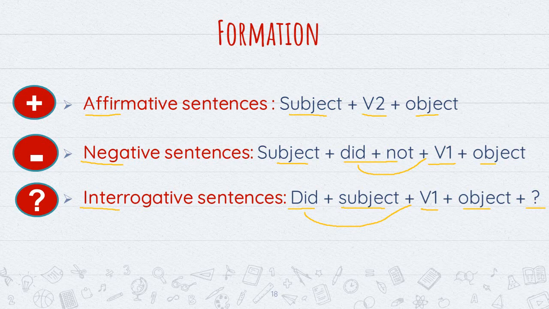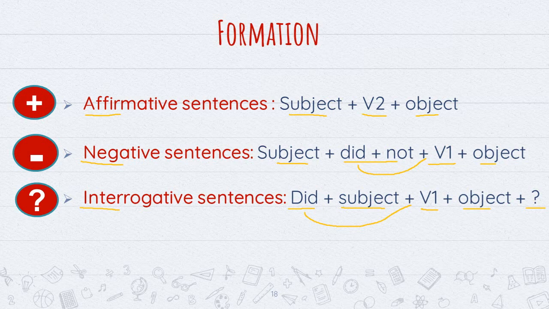In past tense, where we use verb second form, we use did. So here we use did not, and we have already used the second form, that is did, of do. So we are not going to use verb second form again in the sentence. We are going to use verb first form.